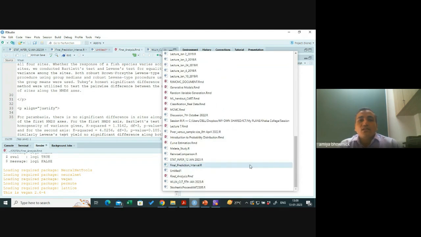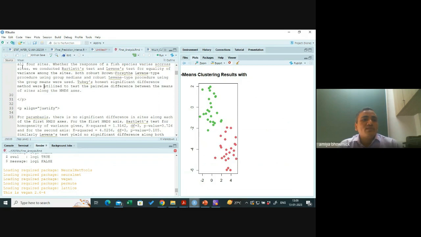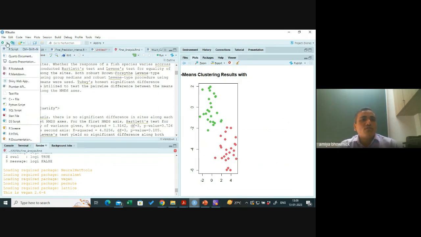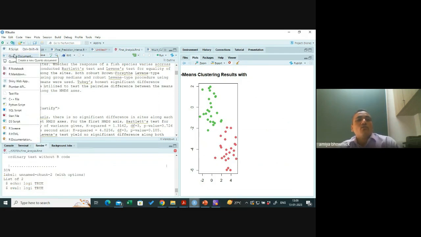There are a lot of options now. There is also the Quarto document, because RStudio has recently been changed to Posit. Now you can make a Quarto presentation, which is pretty nice looking.